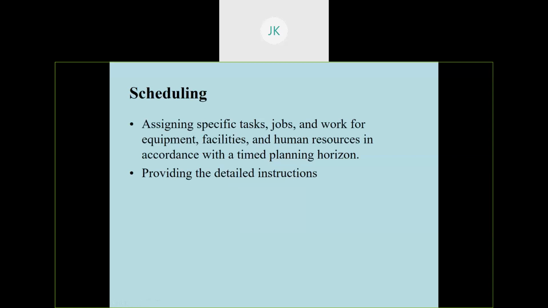Once we have a production plan, like 1,000 products next month or next week, then we make detailed instructions, converting the production plan into day to day or week to week work to assign to workers, equipment, and so on. That is scheduling.